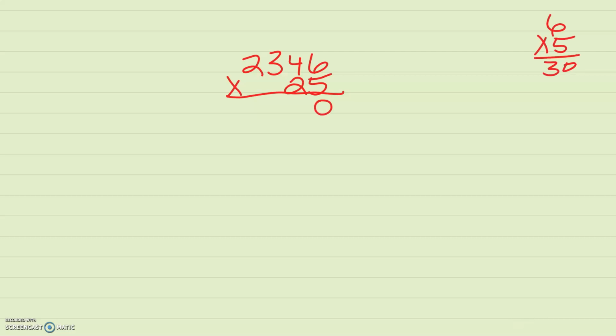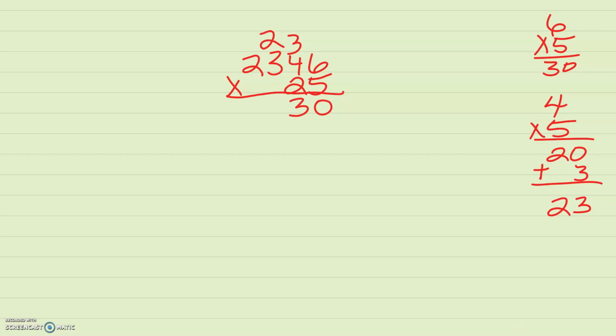We write down our 0, regroup our 3. 4 times 5 is 20, plus the 3 we regrouped is 23. So we write down our 3 and regroup our 2.